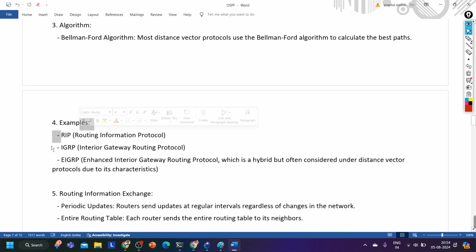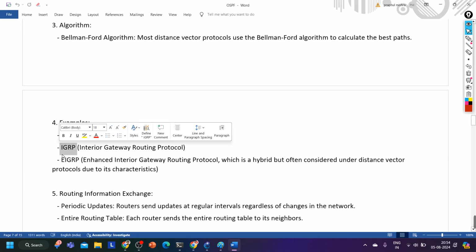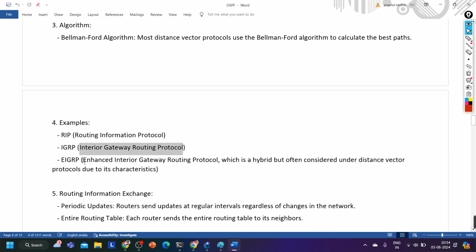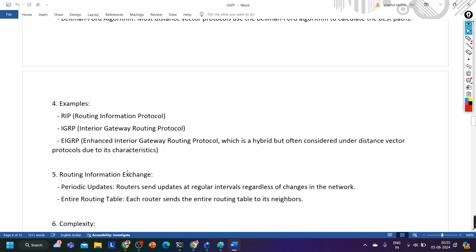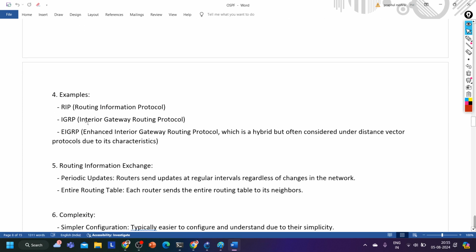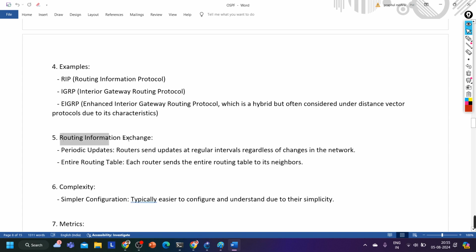Examples of distance vector routing protocols are RIP and IGRP. Nowadays we don't have IGRP, but earlier we had RIP, IGRP, EIGRP. Interior Gateway Routing Protocol has been replaced by EIGRP. So these are examples of distance vector routing protocols.